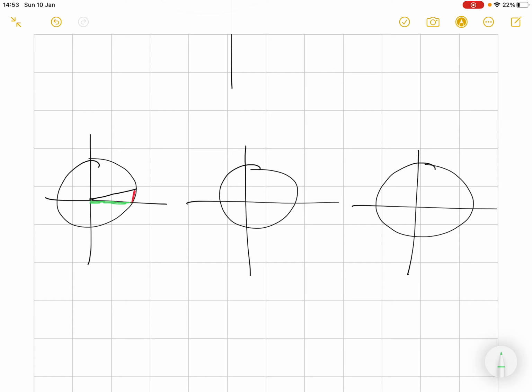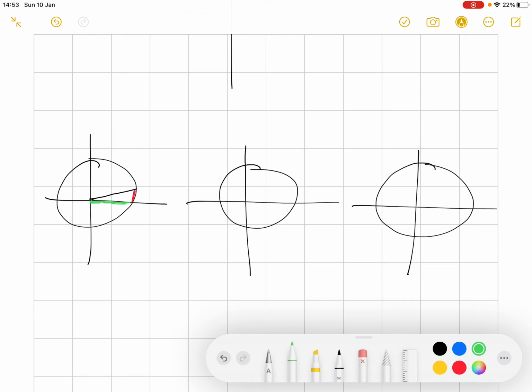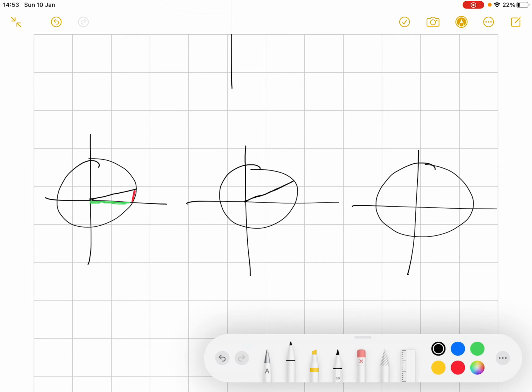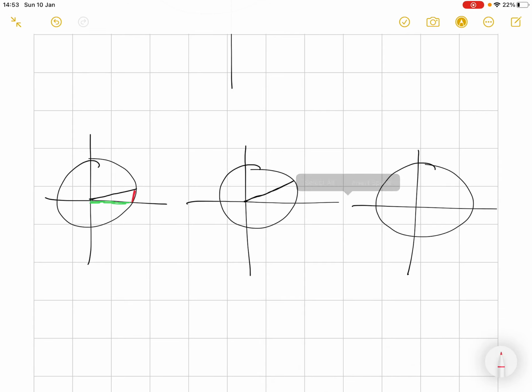And again, if we make theta sort of normal size, well, not necessarily normal size. Normal is pretty subjective, isn't it?